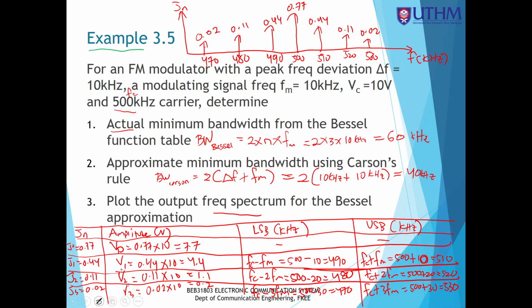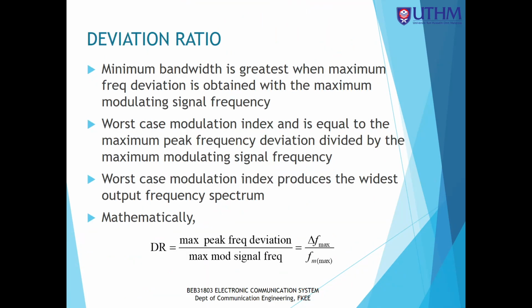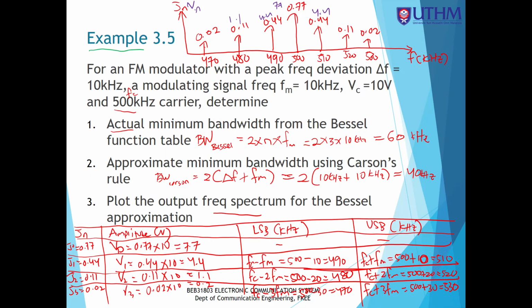If you want to draw the amplitude spectrum, that means this is Vn versus f. You just need to put the values of V, which are 7.7, 4.4, 1.1, 0.2.